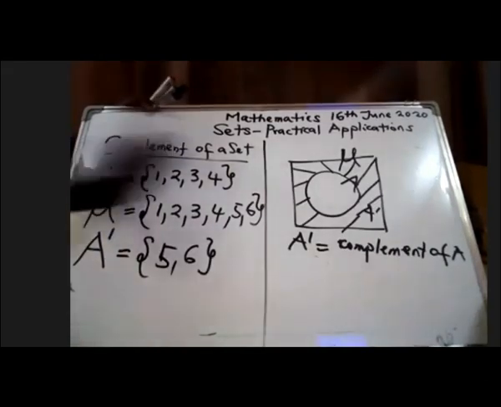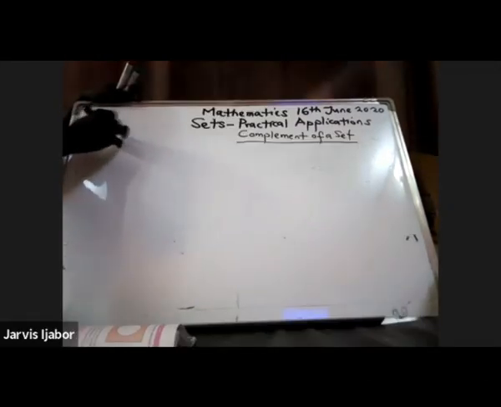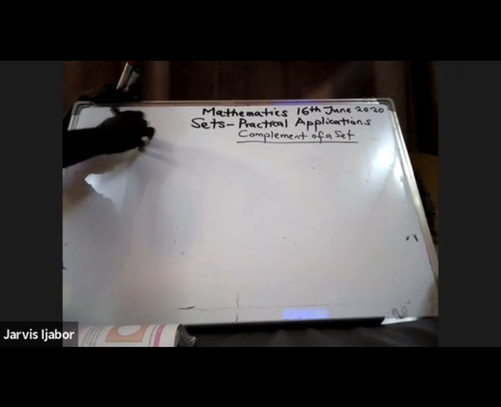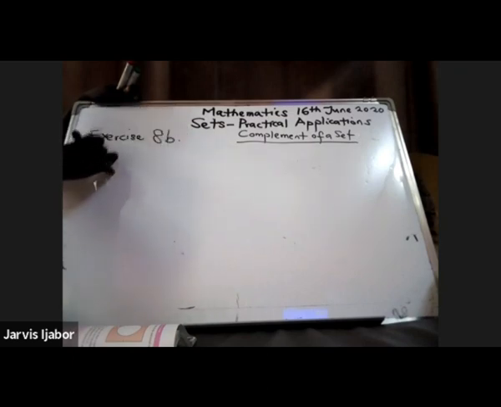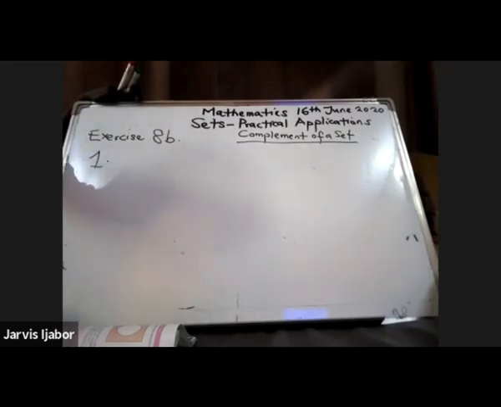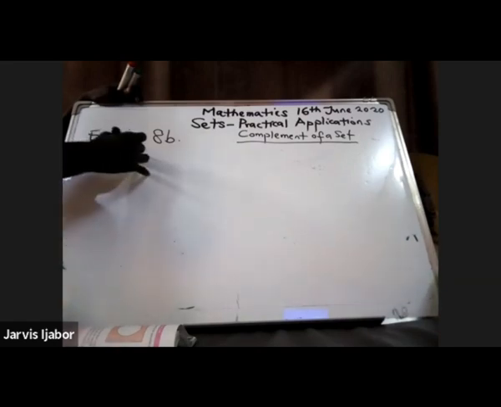I'm going to be looking at exercise 8B, question number 1. It says, write down the complements of the following. Remember, we said that the complement of a set is only defined with good knowledge of the universal set.